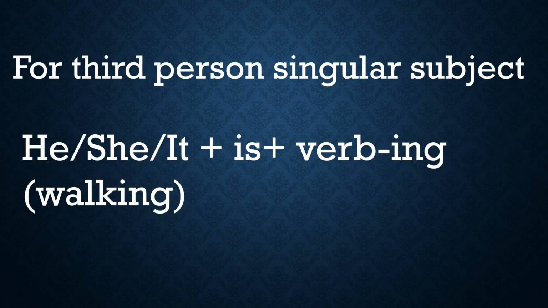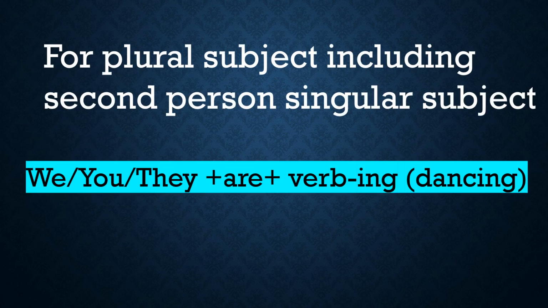For the third person singular subject, it goes like this: he, she, or it plus the linking verb is, plus the verb ing, example walking. Okay, for plural subjects, including the second person singular subject, we, you, and they, plus the linking verb are, plus the verb ing, example dancing.